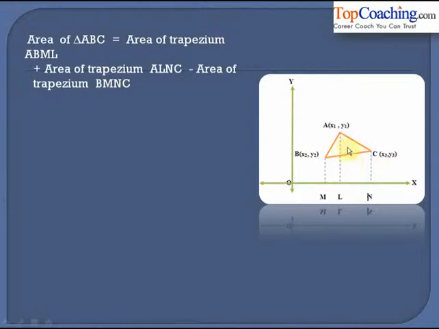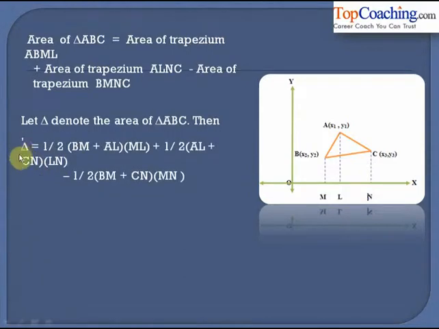So the area of this triangle is given by this formula. Let us say that this sign denotes the area of triangle ABC. Then area would be equal to 1 by 2 into BM plus AL into ML plus 1 by 2 into AL plus CN into LN minus 1 by 2 into BM plus CN into MN.